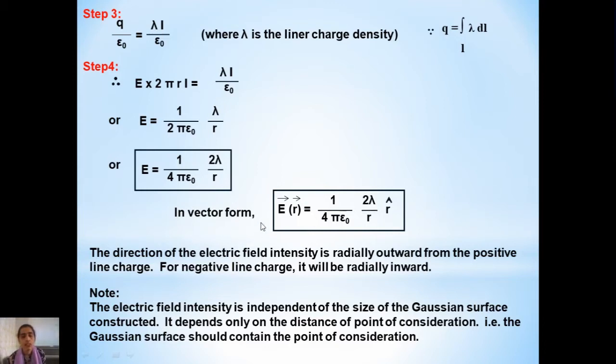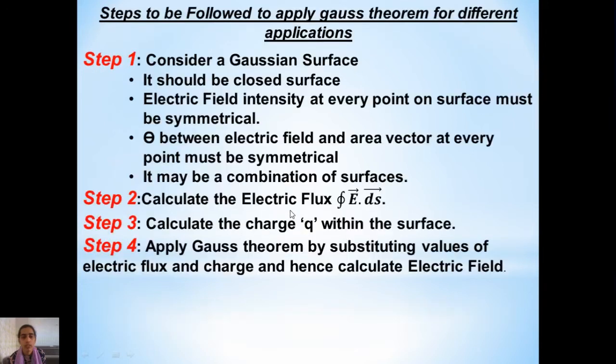In this case, when we are considering an infinitely long charged wire, if it is a positive charged wire, then the electric field intensity will be radially outward. If it is a negative charged wire, then the electric field intensity direction will be radially inward. Okay, so this is about the previous derivation we had done in the last session.